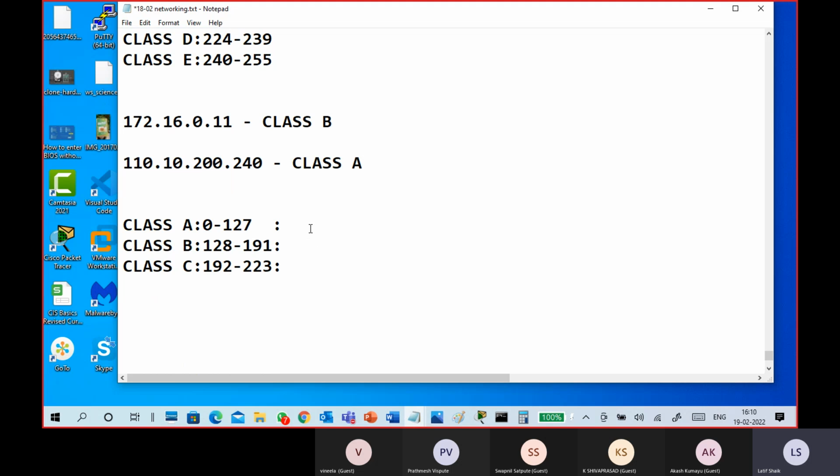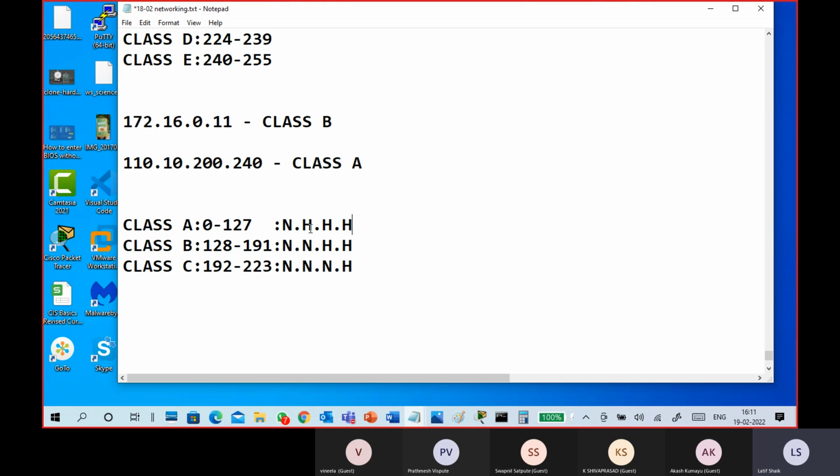Very good, guys. Why is it called logical addressing? Why do we call this logical addressing? And why do we divide? That is another question, why we require to divide.